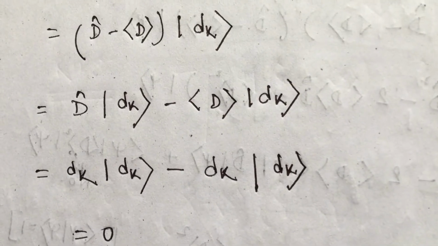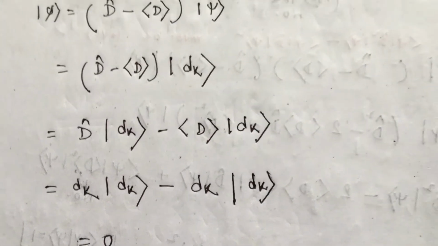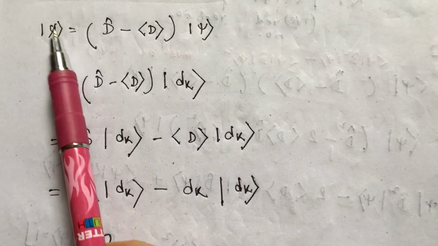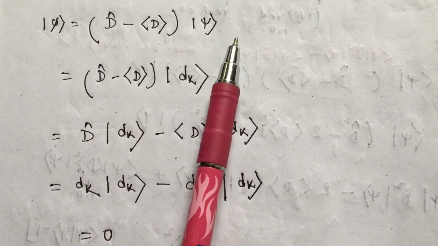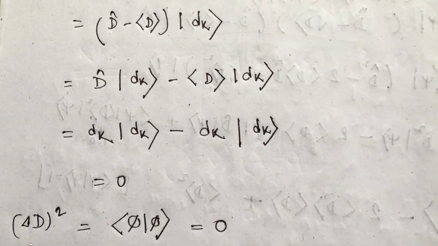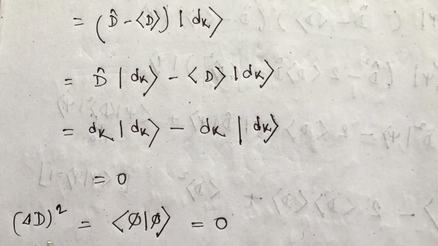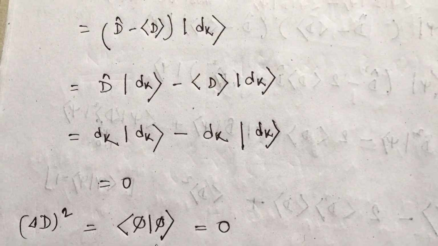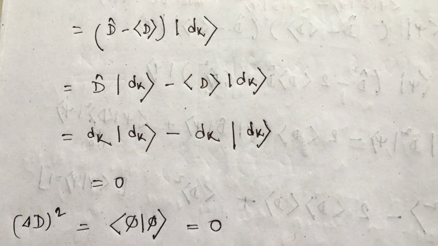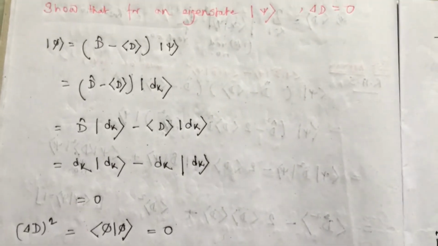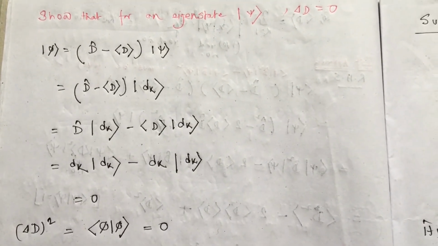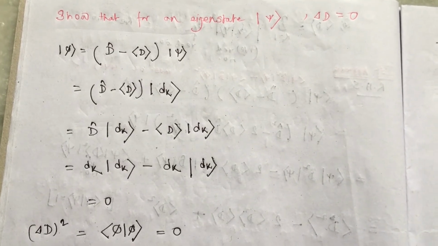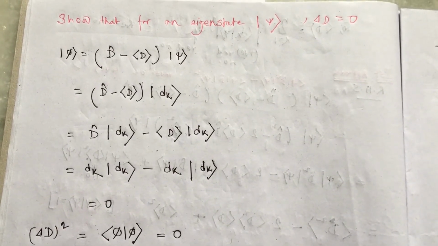So I get phi equal to 0, where phi is defined as this, and this gives me del d equal to 0, because I have just shown you that del d square is equal to the length square of phi. So when I measure the expectation value in an eigenstate of an operator, there is no uncertainty in the measurement.